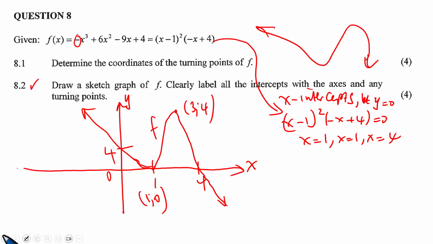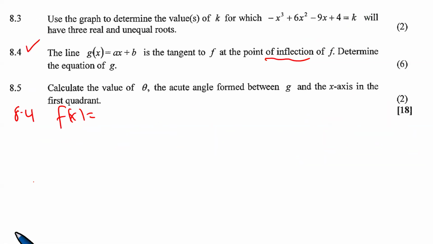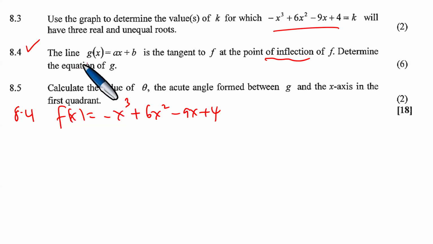It's minus x cubed plus 6x squared minus 9x plus 4. Okay. Now, look. The line g of x equals ax plus b is a tangent to f at the point of inflection of f. Determine the equation of g.